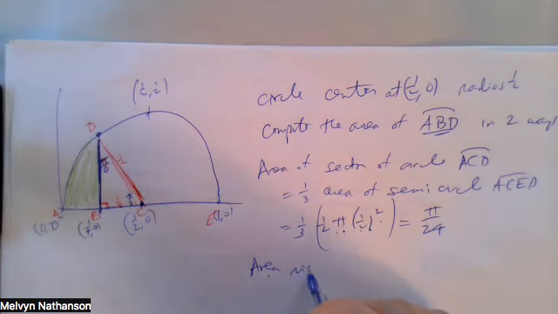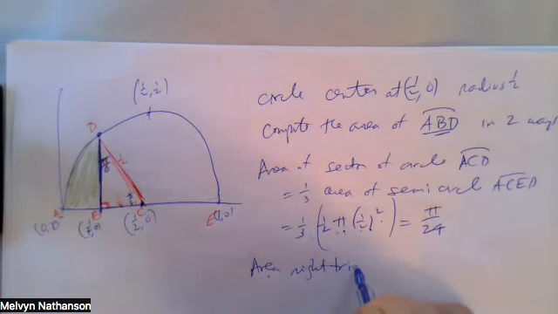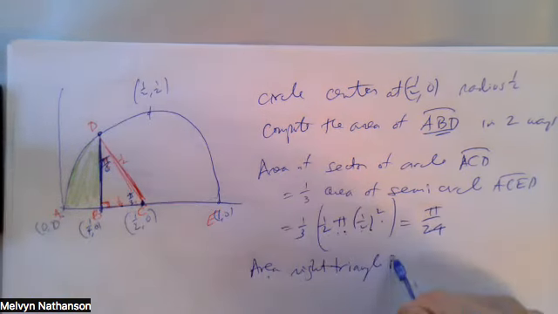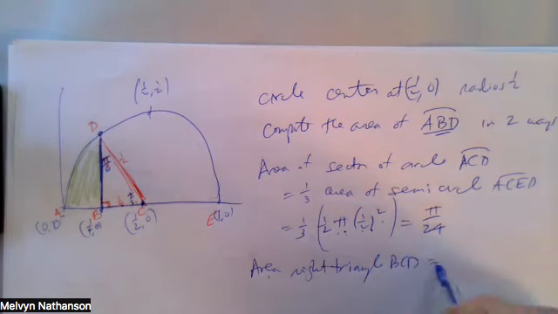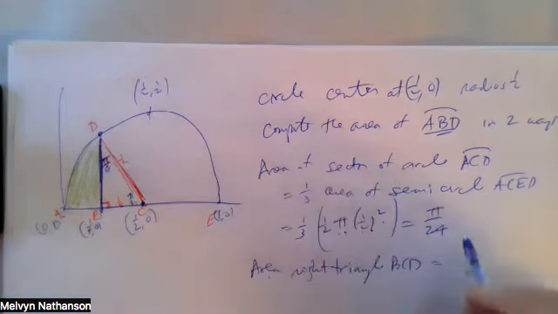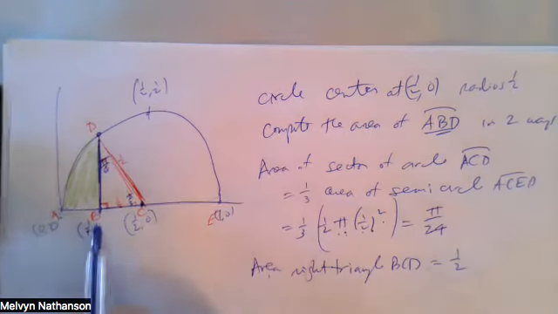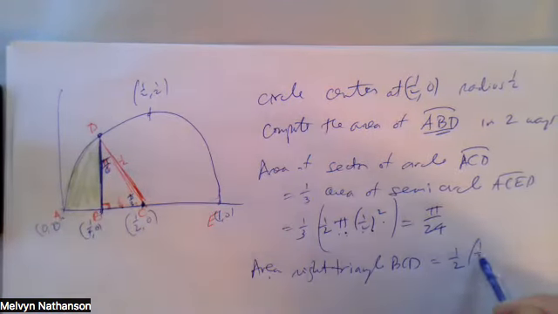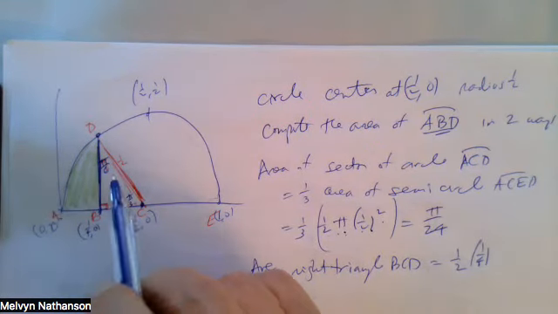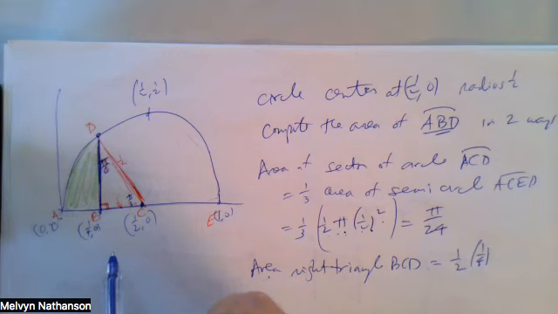The area of this right triangle BCD, well, the area of a triangle is a half the base times the height, is 1/2 the base, which is a fourth, times the height. What is the height?